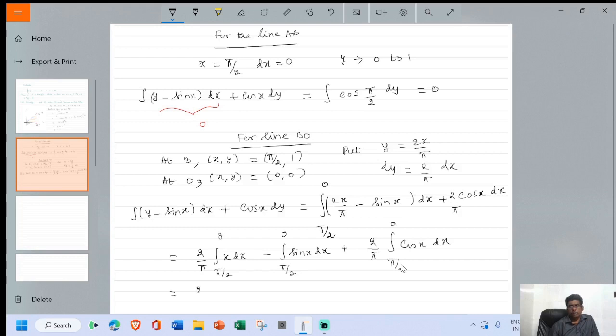This is 2/π, x dx is x²/2, limit from π/2 to 0, minus of integral sin x, which is minus cos x, so this is plus cos x, limit from π/2 to 0, plus 2/π integral cos x which is sin x, limit from π/2 to 0. Now we have to simplify.